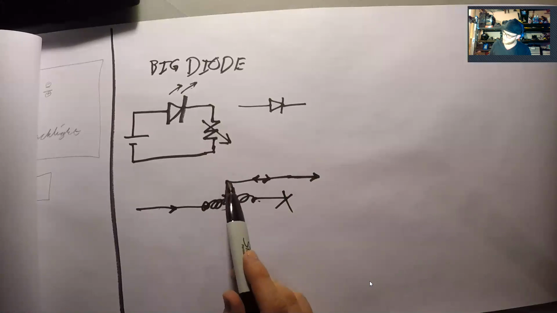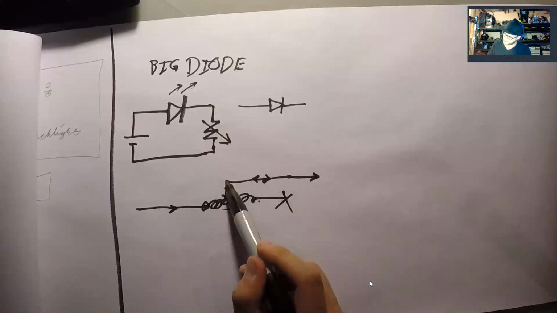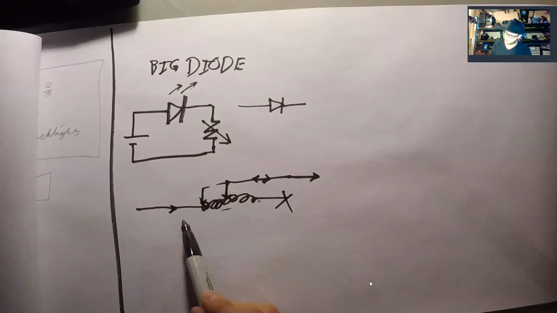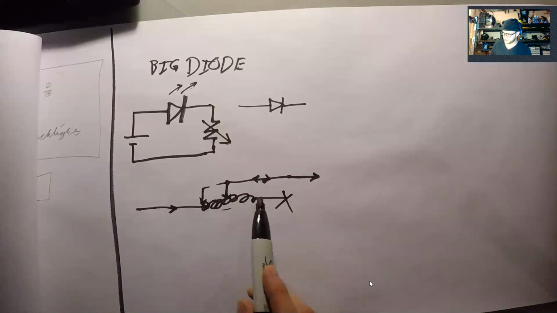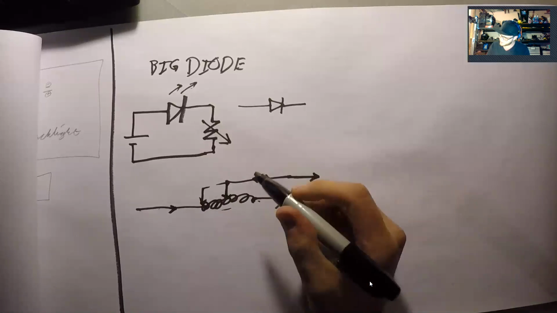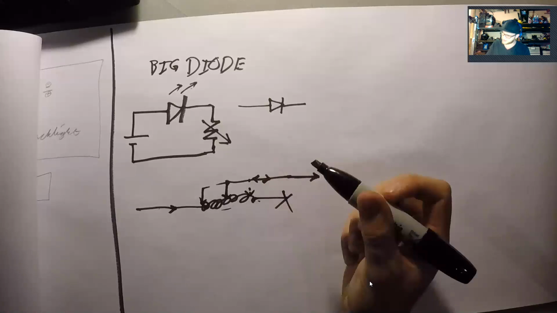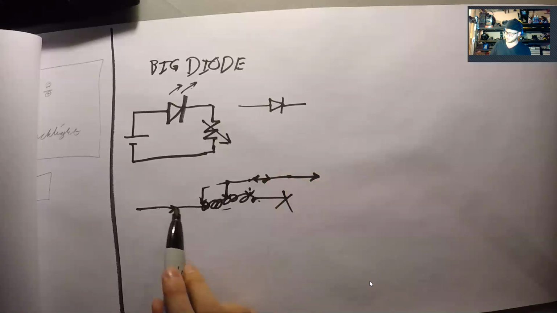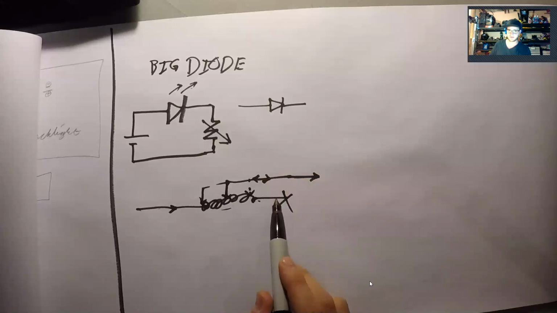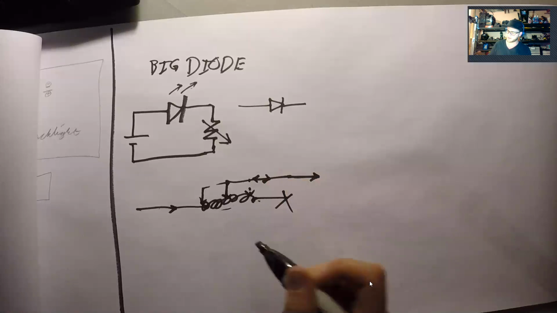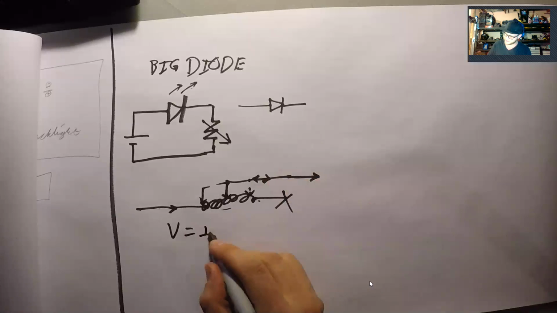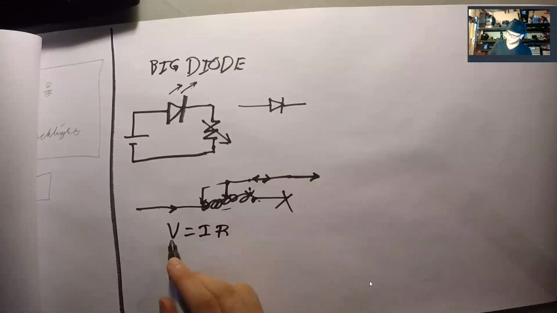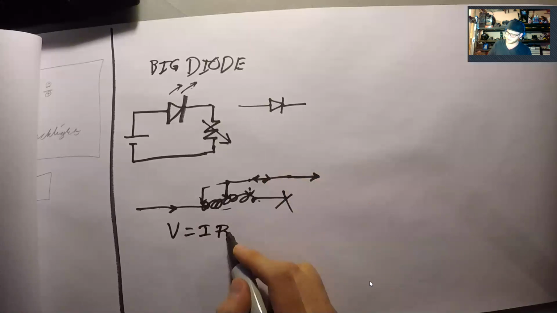So as you move this wiper back and forth, if the wiper is attached here, the resistance is low, right? Because it just comes in and it bypasses all this winding and it goes straight up. Whereas if the wiper is attached here, it has to go through a much longer length of this wire winding, and so the resistance is higher. And so if you remember from physics class, your voltage is equal to your current times your resistance, right?